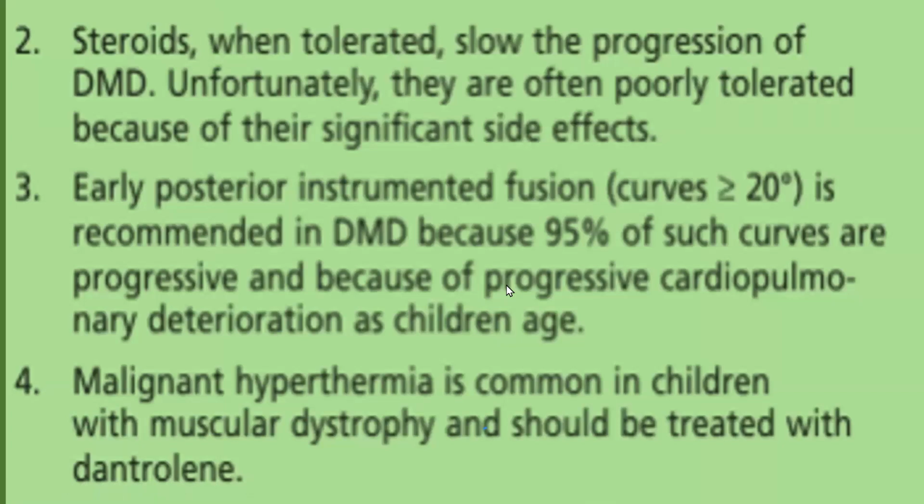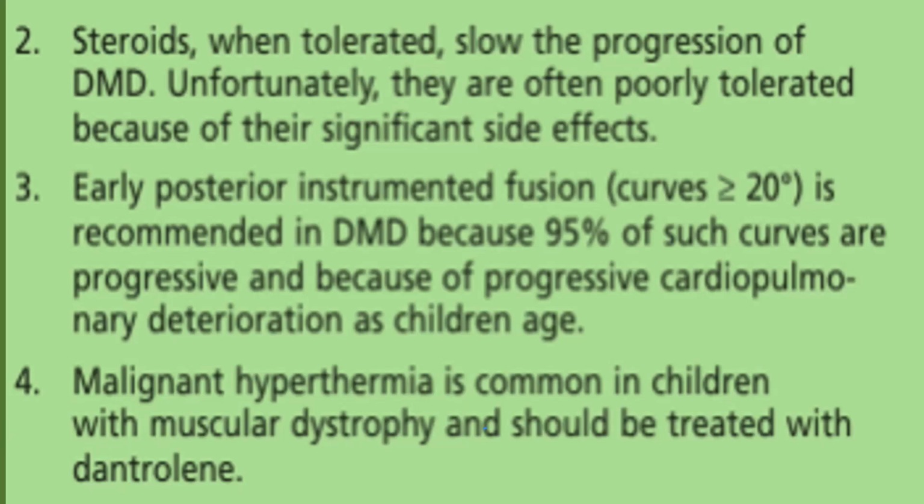Unfortunately, they are often poorly tolerated because of their significant side effects. Early posterior instrumented fusion for curves greater than 20 degrees is recommended in Duchenne muscular dystrophy because 95% of such curves are progressive, and because of progressive cardiopulmonary deterioration as children age.